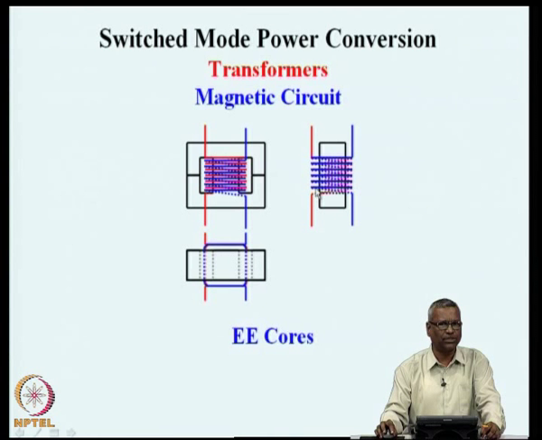These other views are of the same assembly from the top and from the side. But the important point to notice is that the core does not have a gap. The core is closed and there is no air gap, and this is because the core does not store energy, and the ideal property of the core material is high permeability, and on account of that the core reluctance has to be 0, and on account of that the flux set up in the core can be done with minimum magnetizing effort.